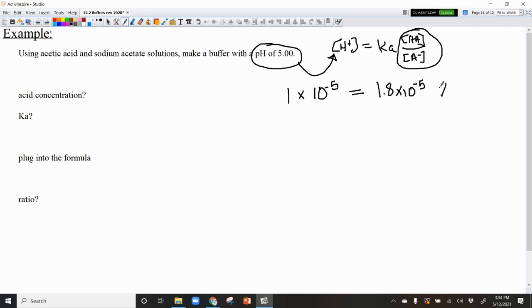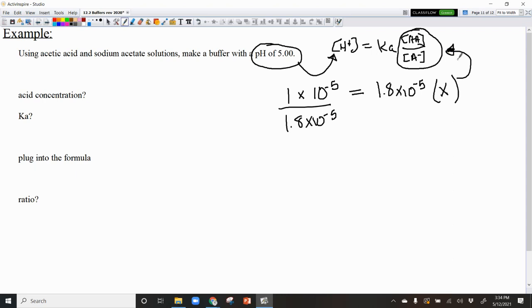And let's just call this X. This right here, HA over A, let's just call that X. All right, so now to solve for this right here, we just divide both sides by 1.8 times 10 to the negative 5th. And that's going to give us X, which is our ratio here.